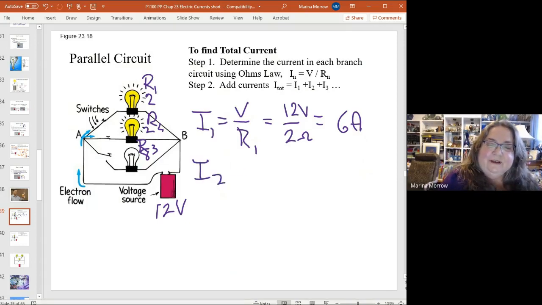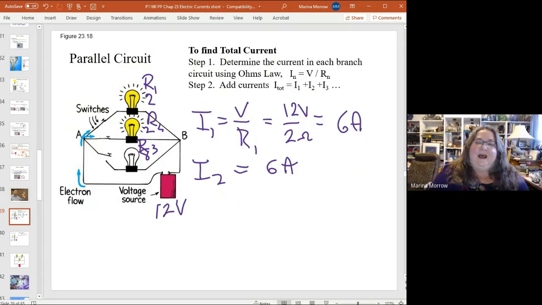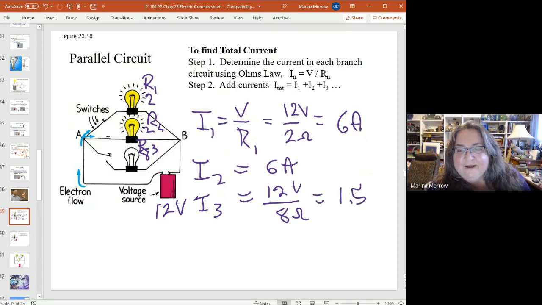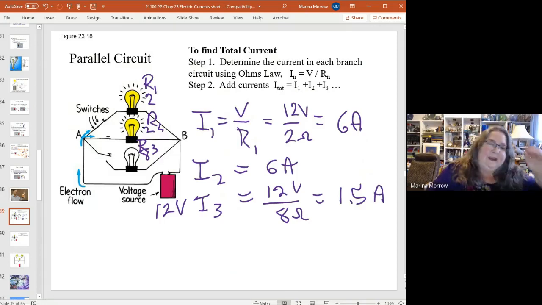I2 is also 6 amps, because it was also 2 ohms. I3, though, is going to be the total voltage, 12 volts, over 8 ohms. So that's going to be 1.5 amps. Okay, so to find the total current now, I'm just going to add those currents up.